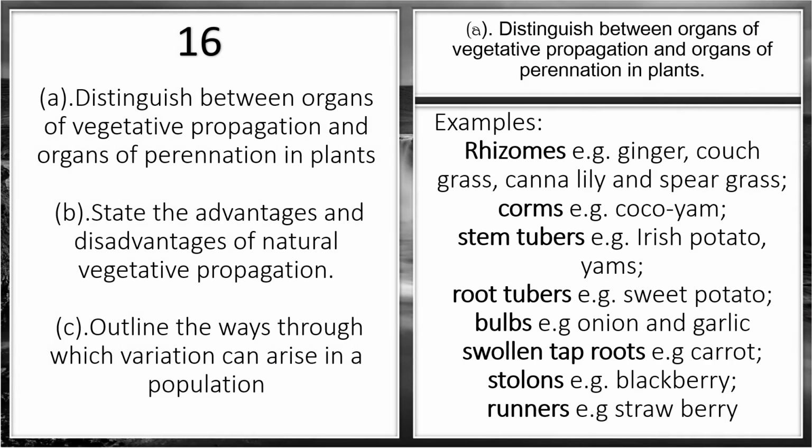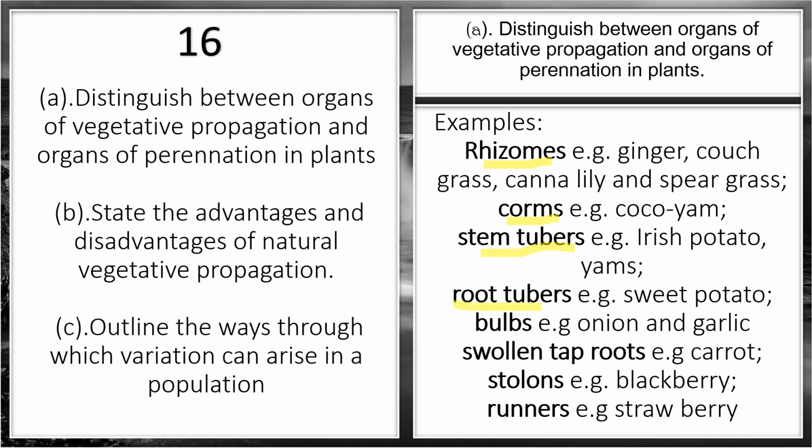For example, the rhizomes, where we have the ginger, the couch grass, canna lily, and spear grass. We have the corms, like in the cocoyam. We have the stem tubers, like the Irish potato, the yams.